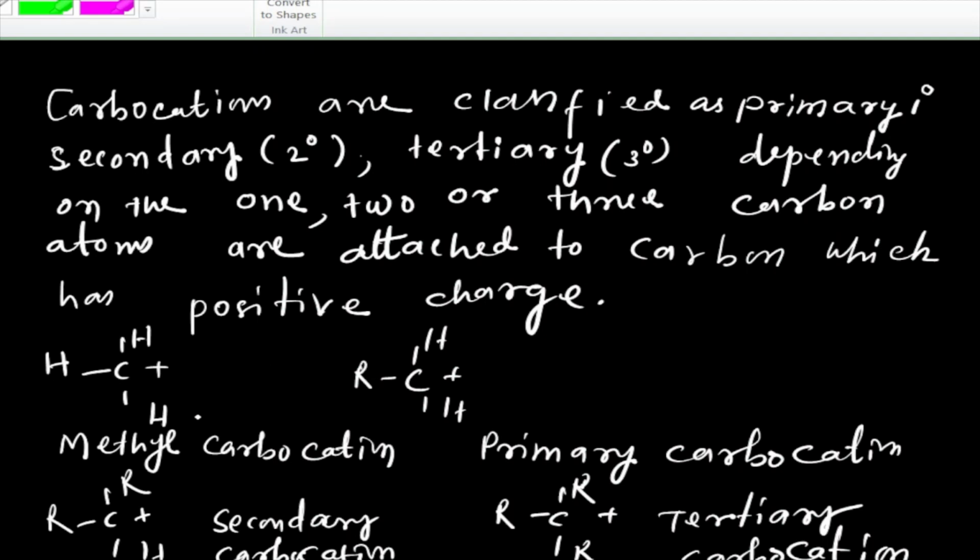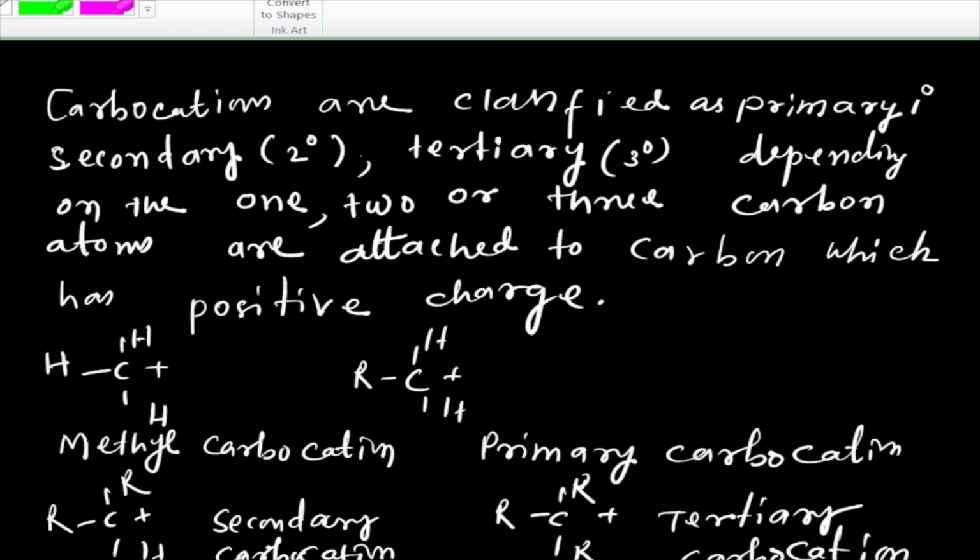So the central carbon has the positive charge, and it is classified according to the number of carbons attached. See here, methyl carbonium or methyl carbocation, which is the simplest one, and it is also primary. Then it is called RCH2+. That means a CH2 group is there, which indicates primary.